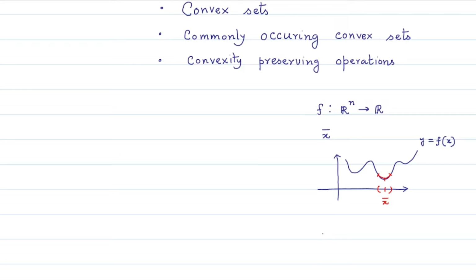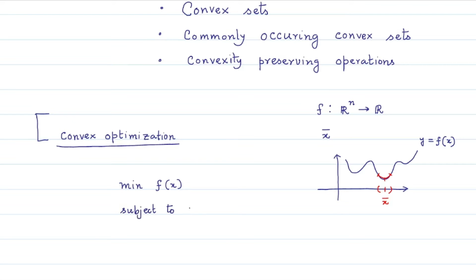Optimization problems with convex functions, you know, is one of the biggest success stories of the modern theory of optimization. By convex optimization, I mean a minimization problem, minimization of a convex function subject to a convex constraint, that x belonging to a convex set, say capital C, in a structured manner.